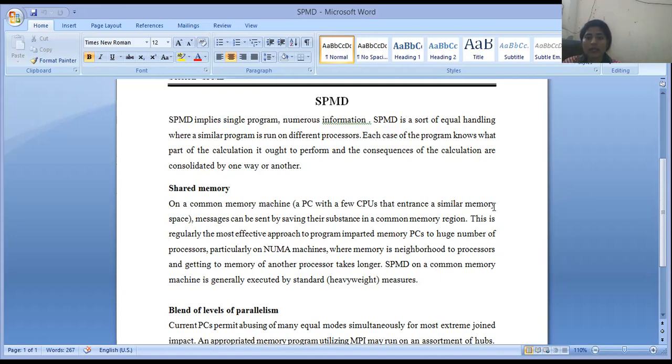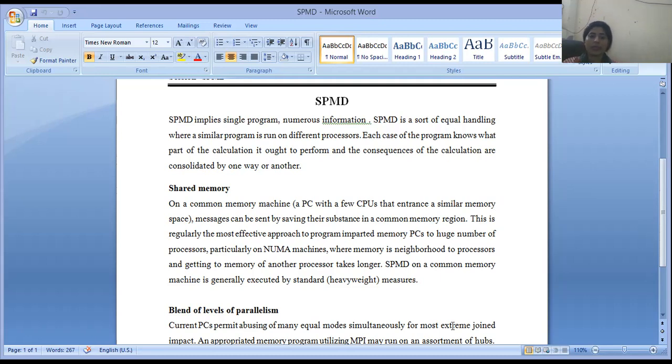This is regularly the most effective approach to program shared memory computers with a huge number of processors, particularly on machines where memory is attached to the processors and also data in another memory for longer processing.